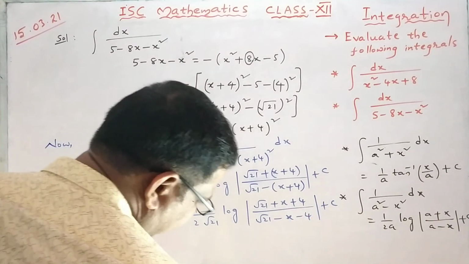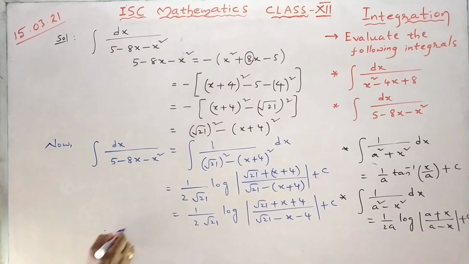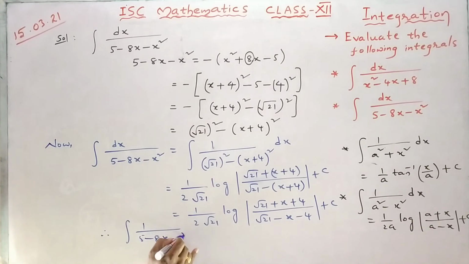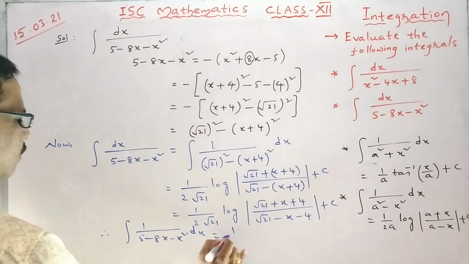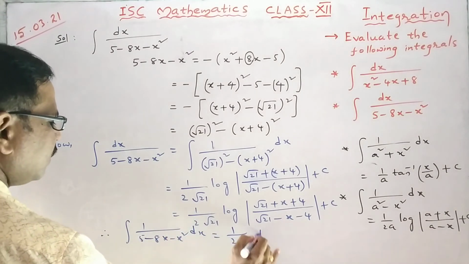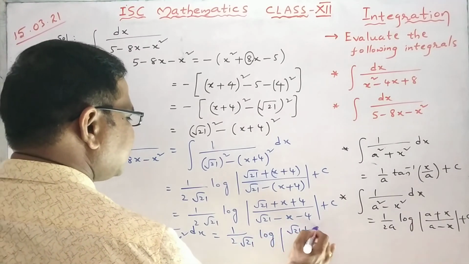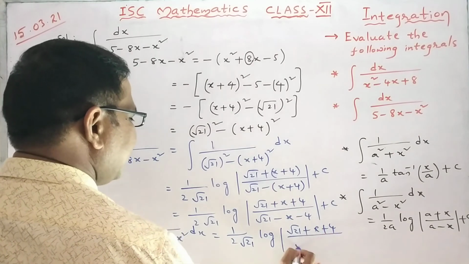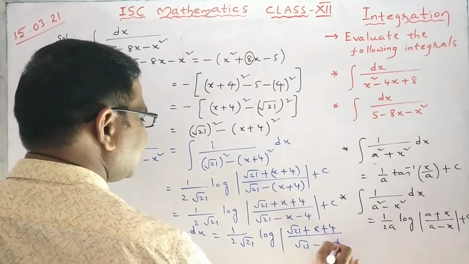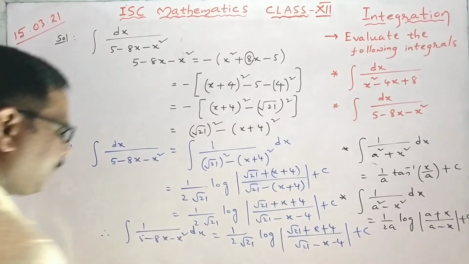That is the end of the solution. Therefore, integral 1 by 5 minus 8x minus x square dx equals 1 by 2 root 21 log mod root 21 plus x plus 4 by root 21 minus x minus 4 plus c.